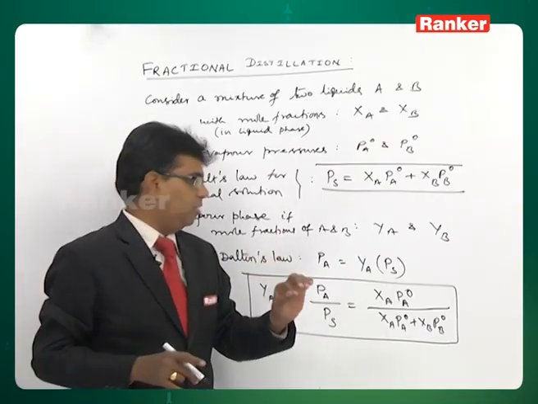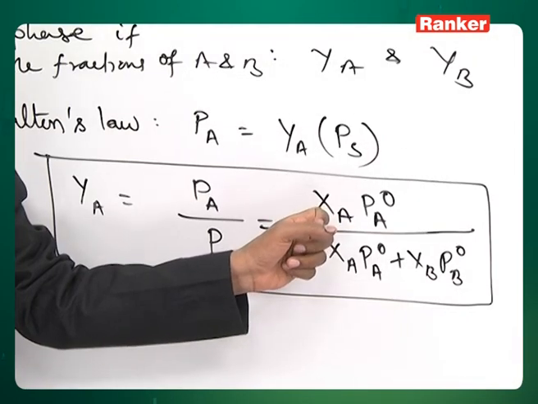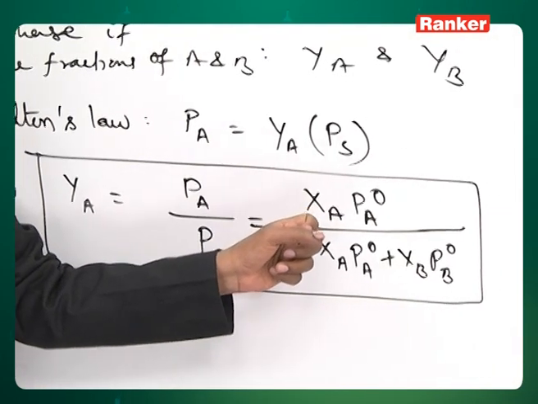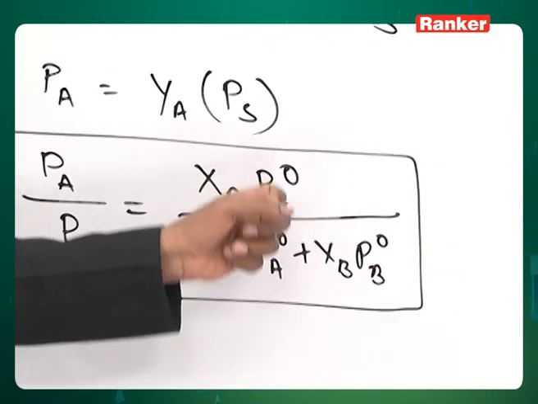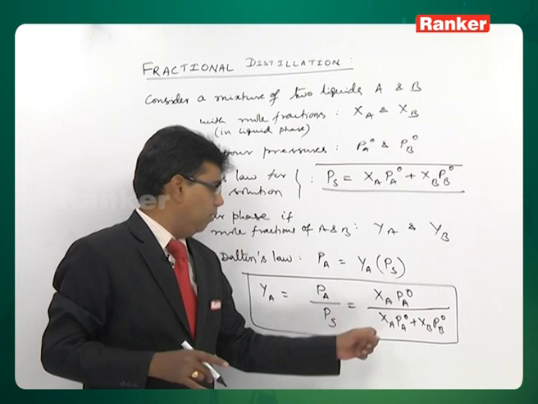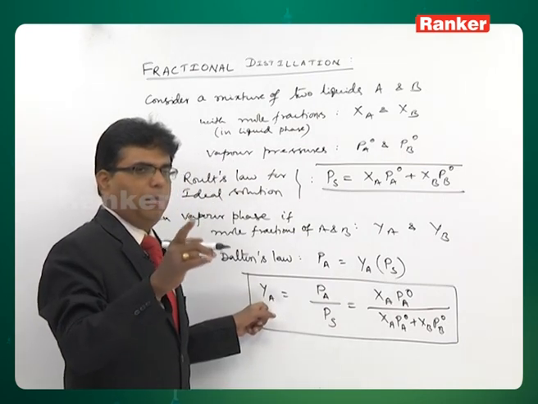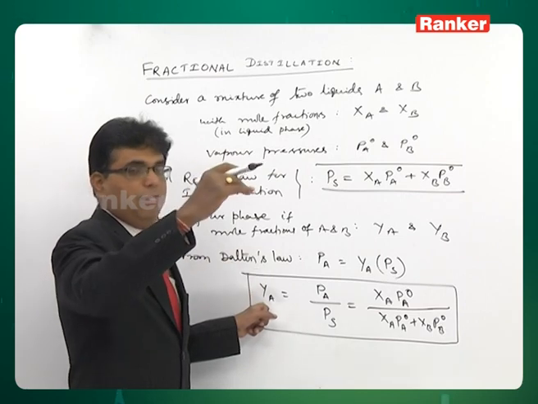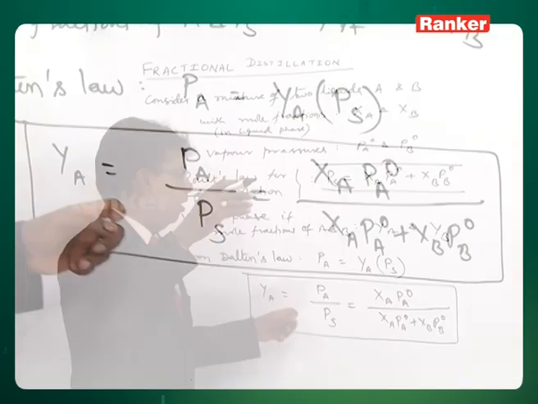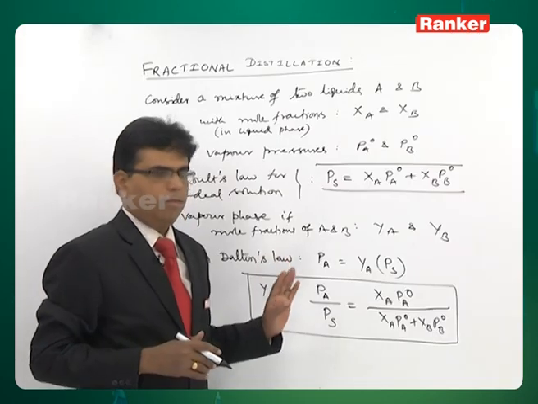So, the simple thing to understand is, if you know the mole fractions of liquids A and B, X A and X B, with respect to their vapor pressures P A naught and P B naught, we can calculate the mole fraction of liquids A and B in vapor phase at a particular temperature. This is what we can determine.